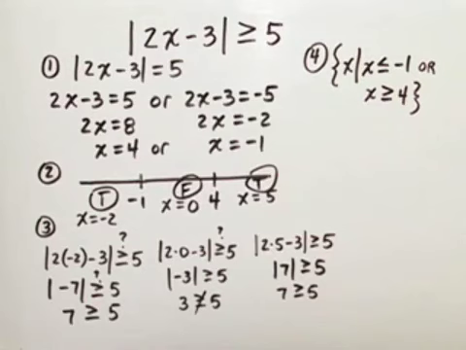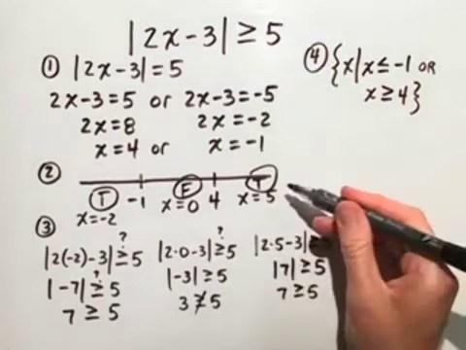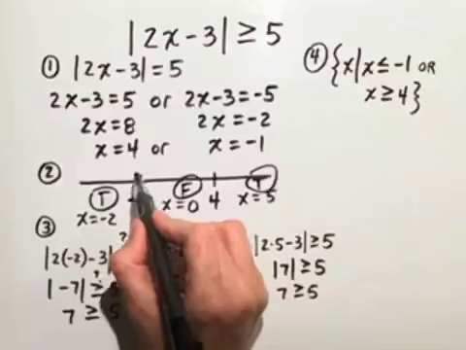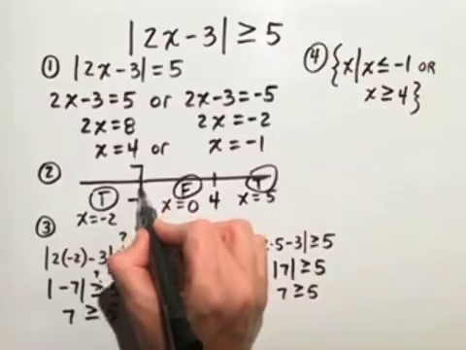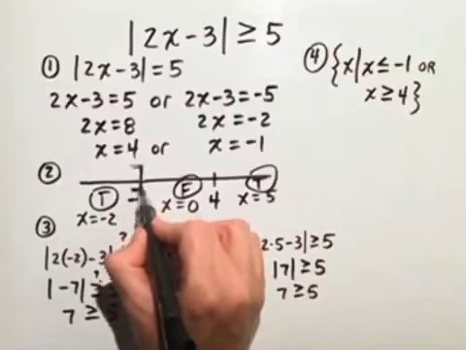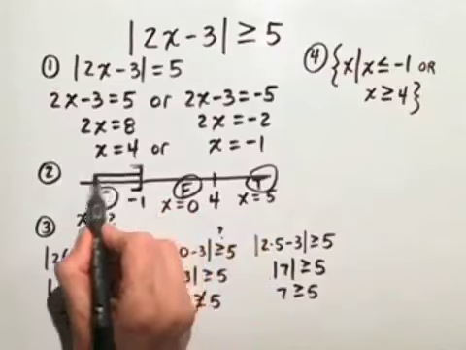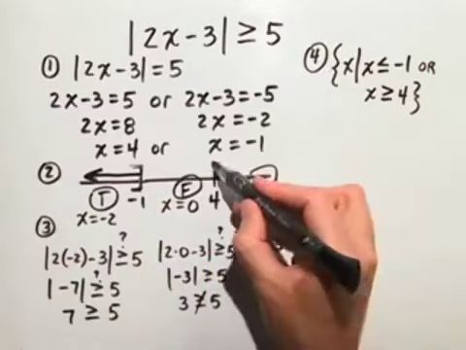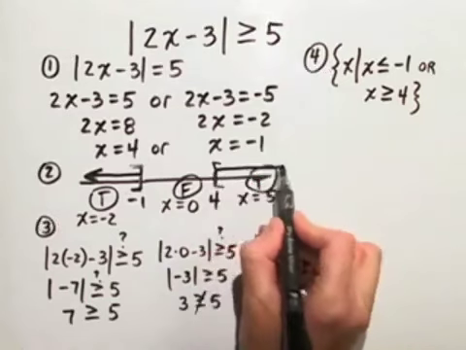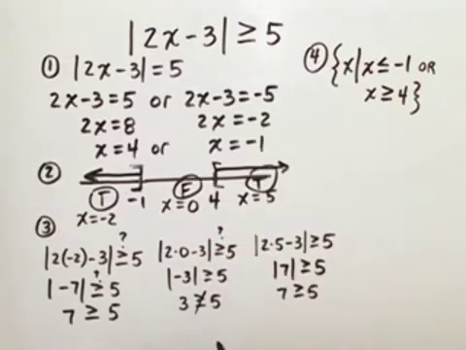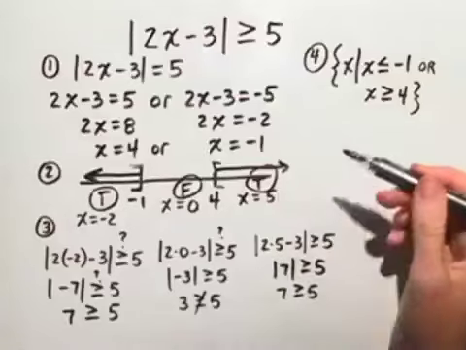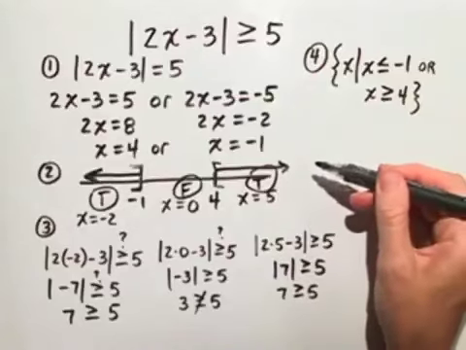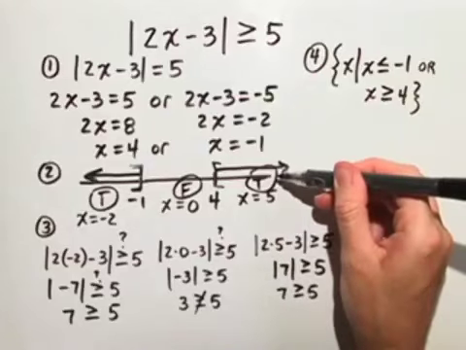Now let's graph the answer. Since we have a number line right here, let's put our solution on the number line. We have from negative 1 and to the left of negative 1, and we also have positive 4 and to the right of positive 4. Remember, the solution can be written in interval notation just by looking at the graph.